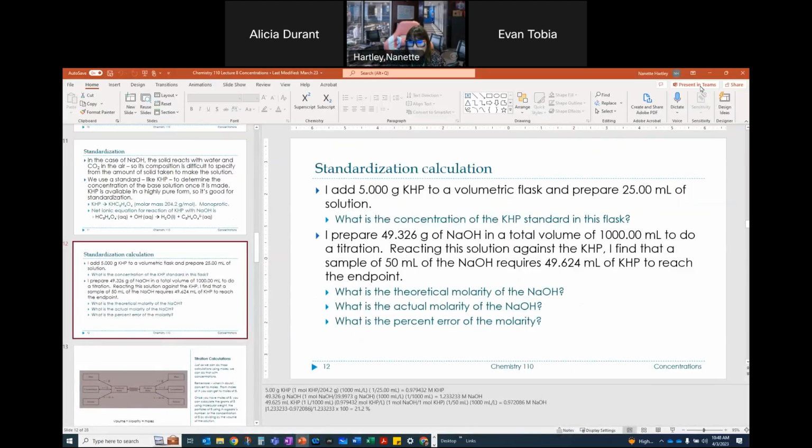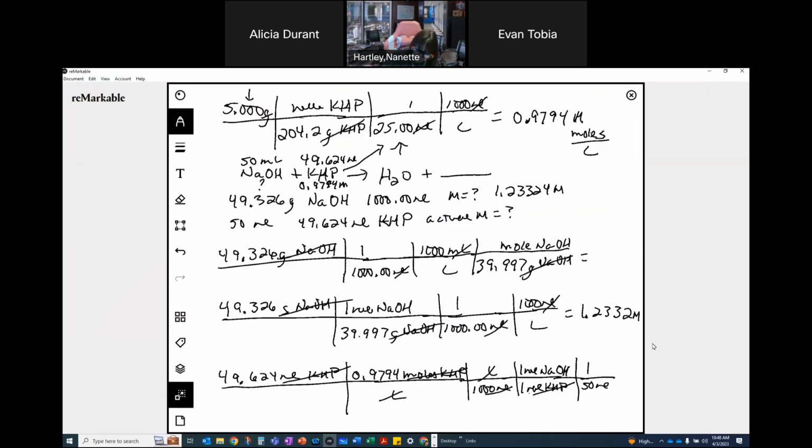Yeah, I just had 50. And then, of course, I have to convert that from milliliters to liters. So that cancels the milliliters, and that leaves me with moles of NaOH per liter. So that's the calculation I do to find out what the actual molarity is.